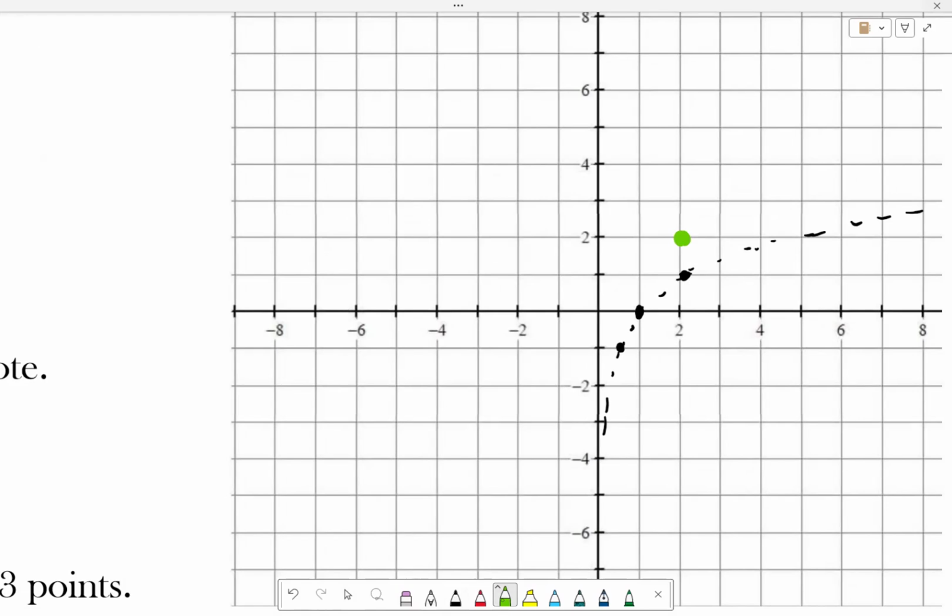So 1, 0, when that reflects, it stays right there and then goes up 1, 2, 3. And one more. This one below the x-axis will come up above it, but we still have to move it 3 up. 1, 2, 3. Did I do that right?